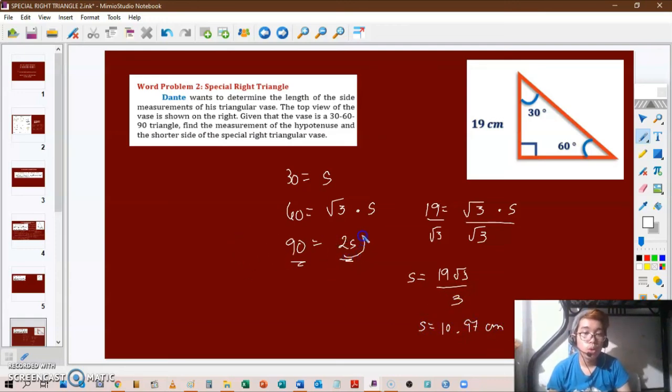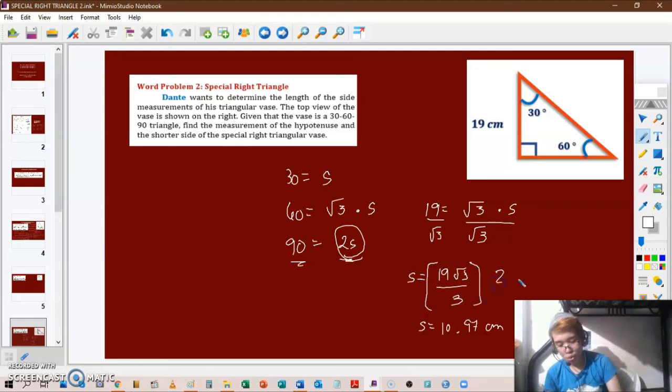Since we want to know the value of the hypotenuse of Dante's triangular vase, so therefore we're going to have to multiply that by 2. So that's going to be 19 times square root of 3 all over 3 times 2. Okay, so that's going to give us 38 square root of 3 all over 3, or 21.94.